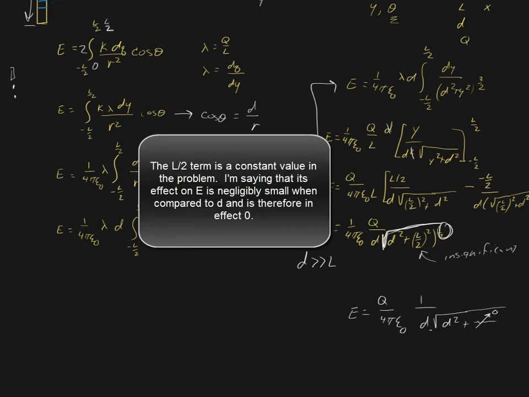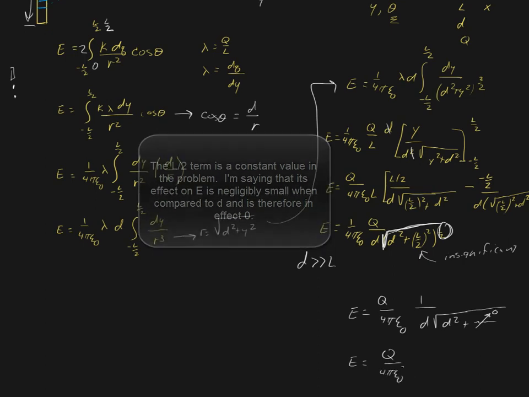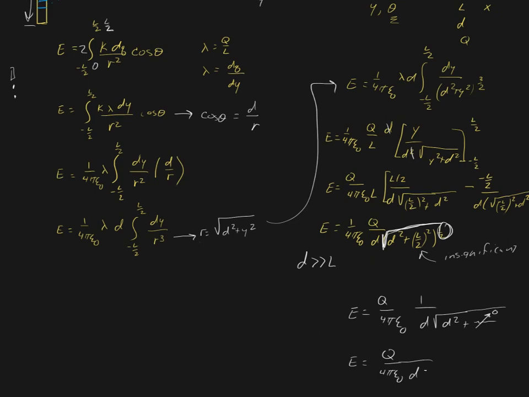And so this becomes D times the square root of D squared, which is D, or E is equal to Q over 4 pi epsilon naught D squared. And that's the same thing as Coulomb's law for electric fields, which we typically write as KQ over R squared. And so it takes on that same form.